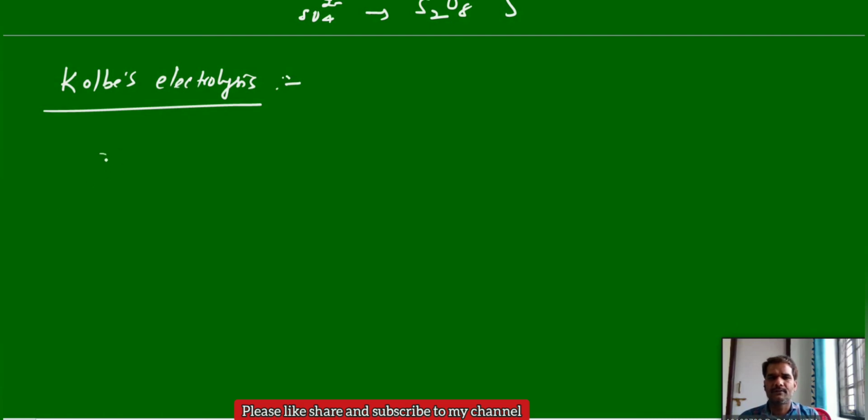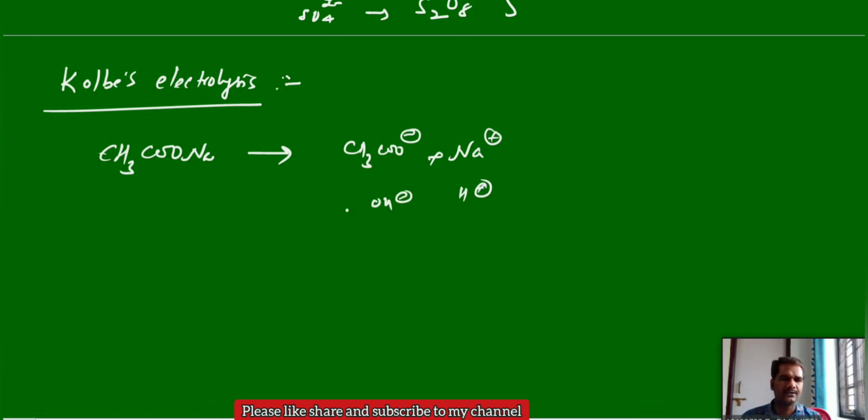Let me take one example here. Sodium acetate, aqueous sodium acetate if you take, and it can give the ions, acetate ion and Na plus ion. Apart from this, we have as usual H plus and OH minus.